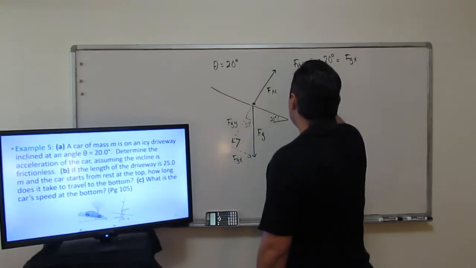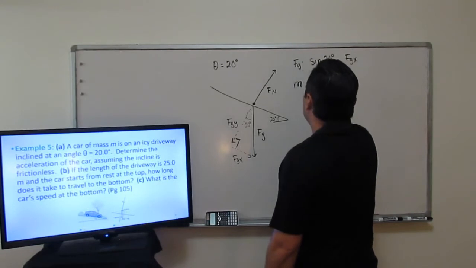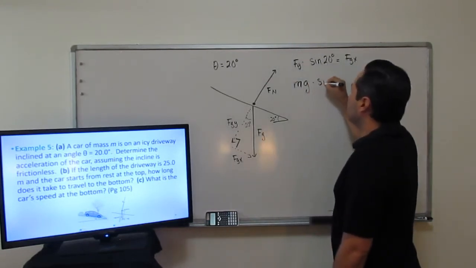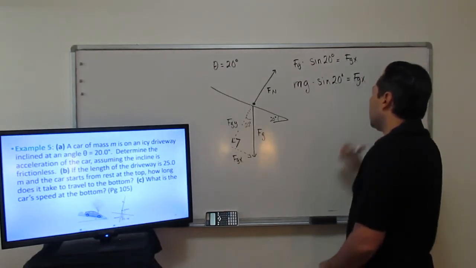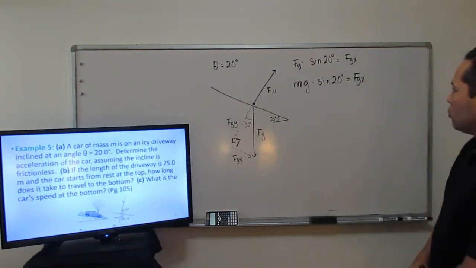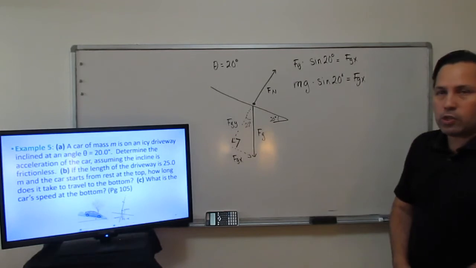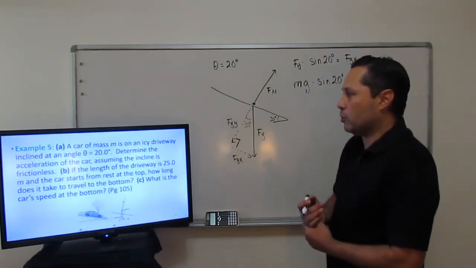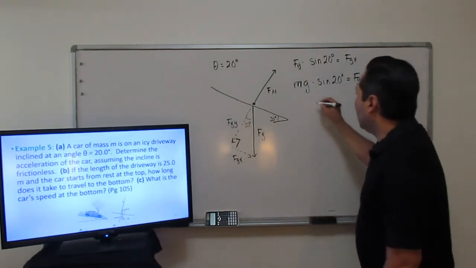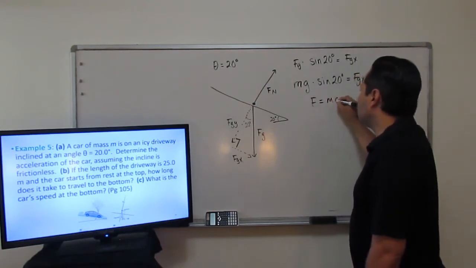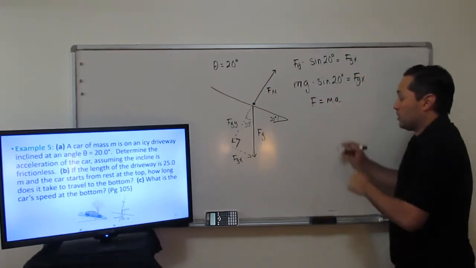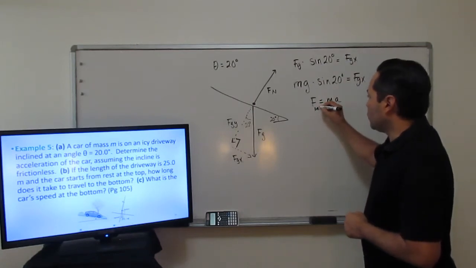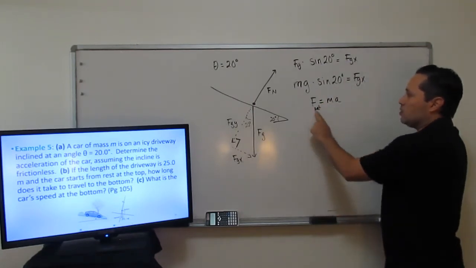So I put m times g times sine of 20 degrees is equal to force gravity on the x-axis. Alright, so what is our acceleration? The acceleration for this vehicle is going to come from force equals mass times acceleration. That's the formula. The net force. Sorry, it says net right there. So the net force.